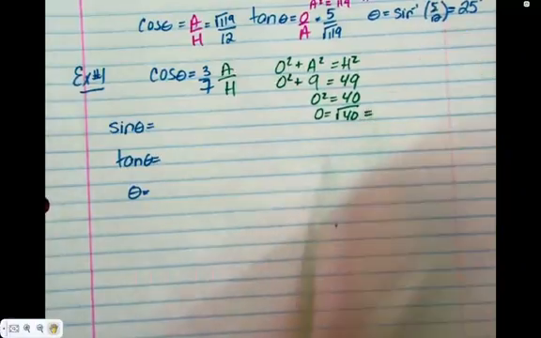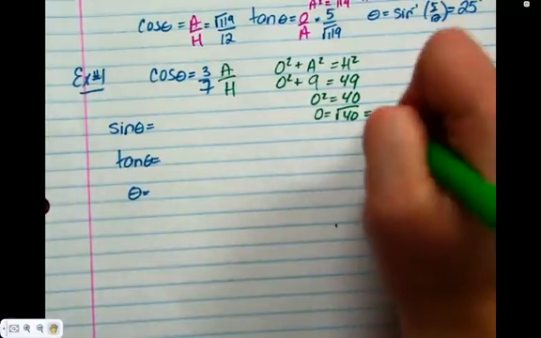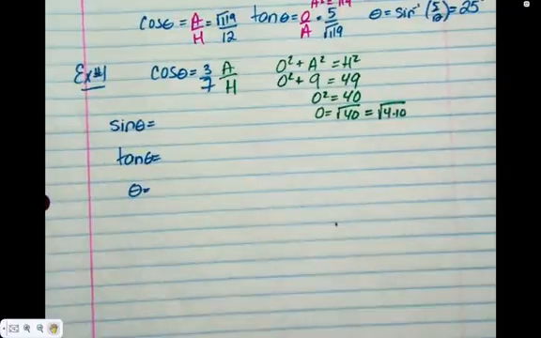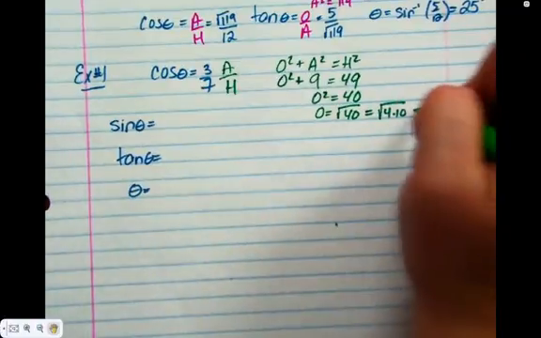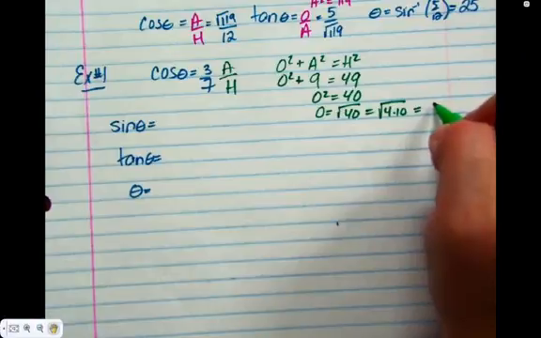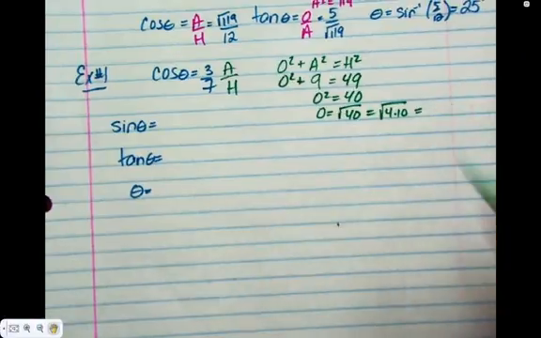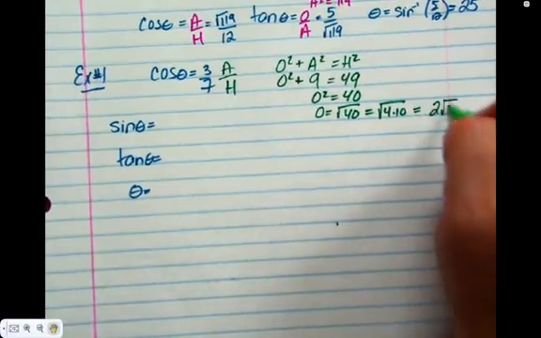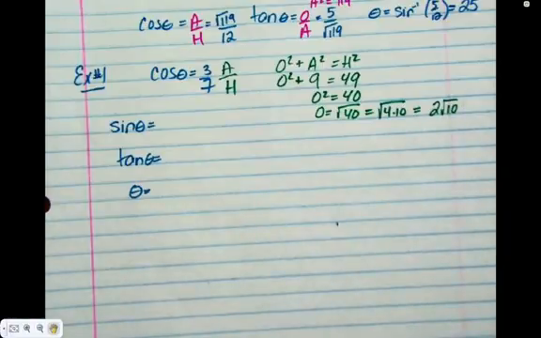What times what? And so root of 4 times root of 10 becomes 2 root 10. I'm feeling like you don't remember that from Unit 2. Because then you move down the 4 and you turn it into 2 squared and got it.